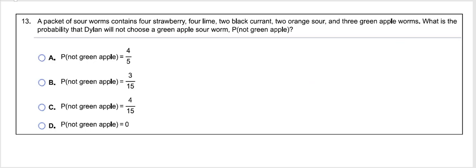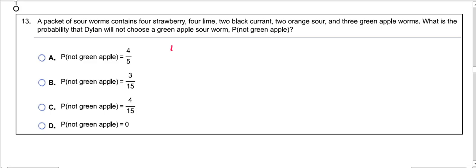Number 13. A packet of sour worms contains 4 strawberry, 4 lime, 2 black currant, 2 orange sour, and 3 green apple worms. What is the probability that Dylan will not choose a green apple sour worm? Alright, so how many of each do we have?